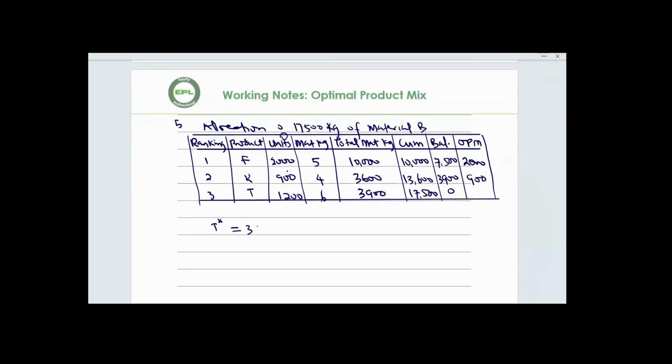This will give us 3,900 divided by 6, which is 650 units. We are producing 650 units. So here will be 650.